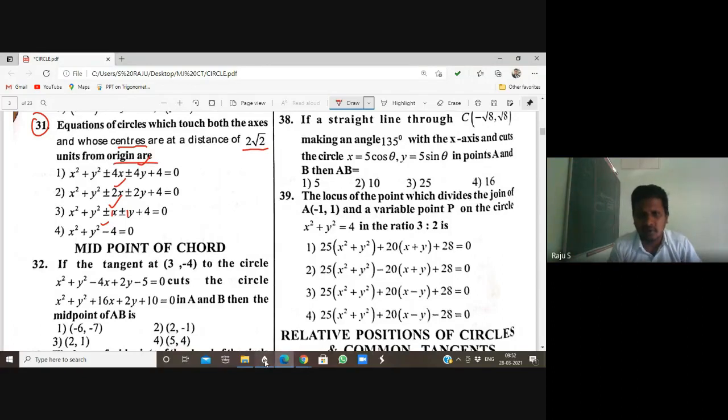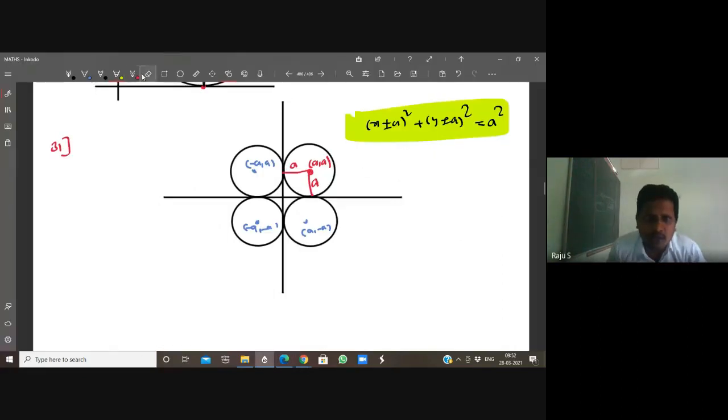Okay, fine. So from the origin to the center, the distance they gave is 2 root 2. So what is a value? Can we find a value here?